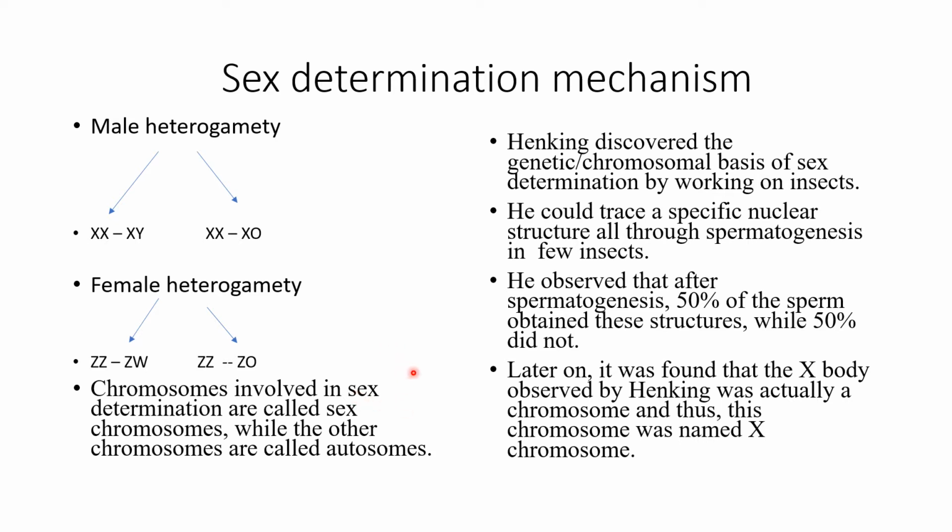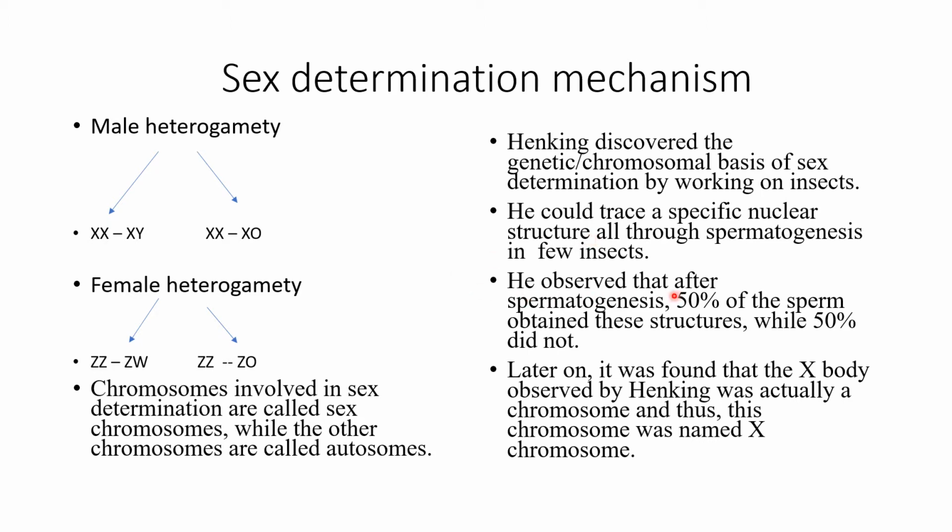All this is based on Henking. Scientist Henking discovered the genetic or chromosomal basis of sex determination by working on insects. So Henking only told about all this first. He could trace a specific nuclear structure all through spermatogenesis in a few insects.